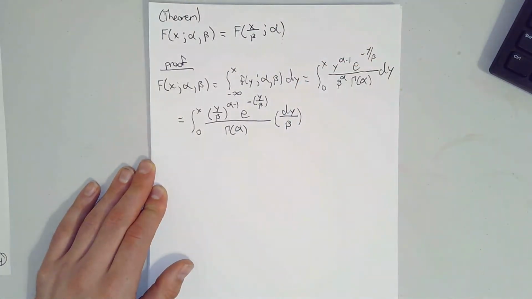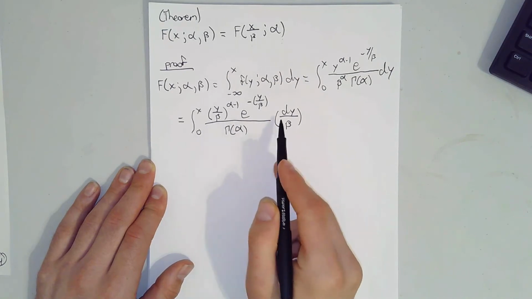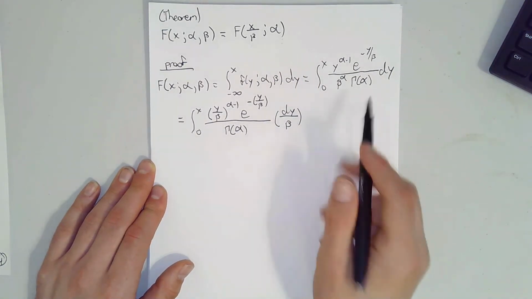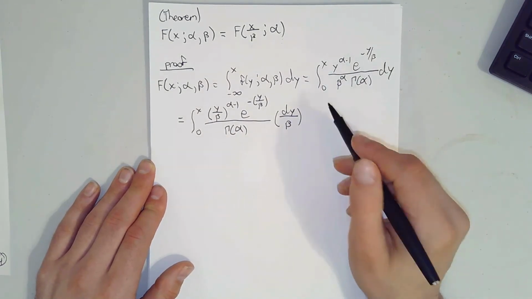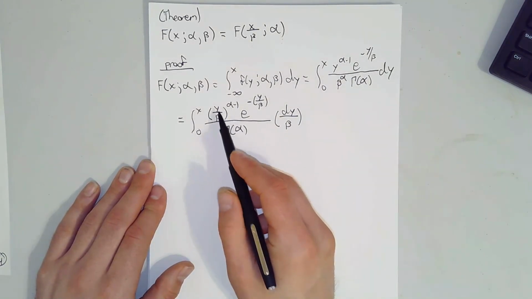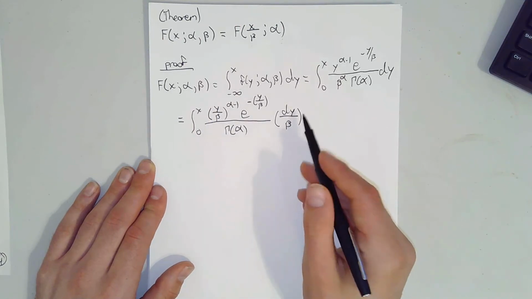You can verify algebraically that this integrand is the same as this integrand. Just the betas have been split up and associated with different terms. Alpha minus one of those betas are with the y, and the remaining beta is with the dy.